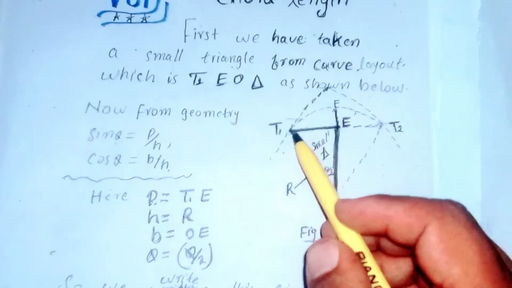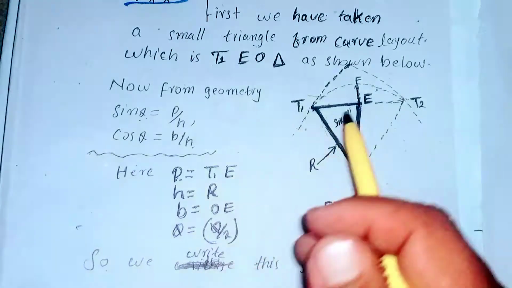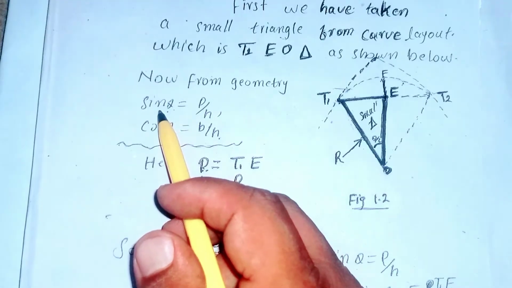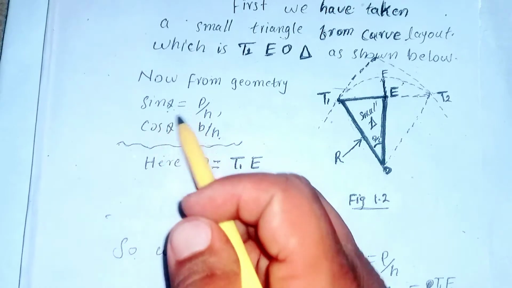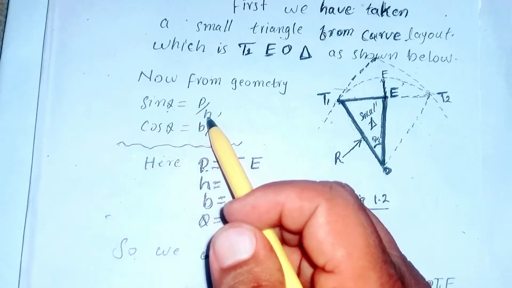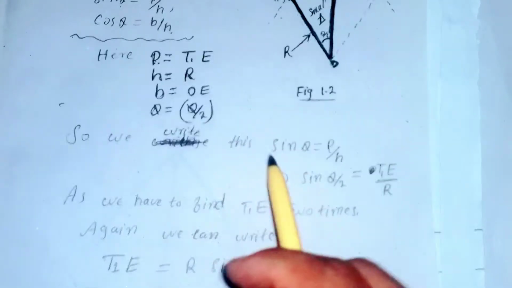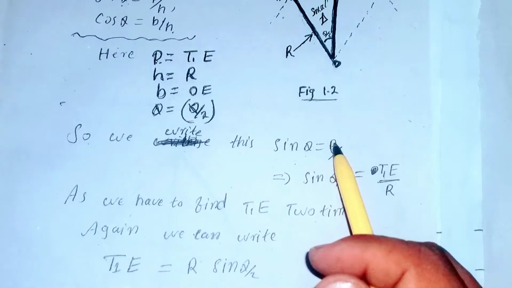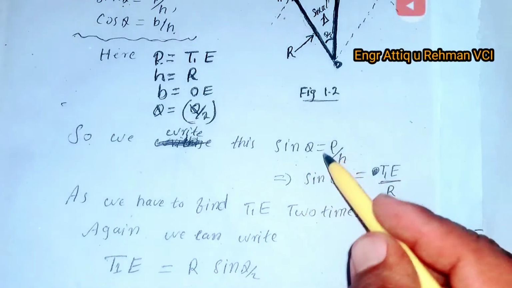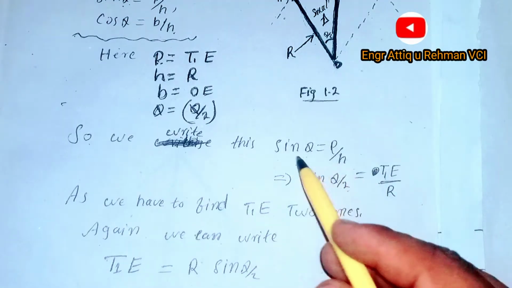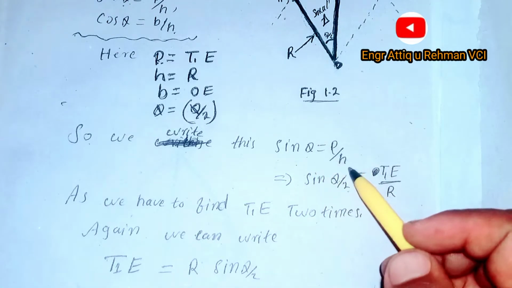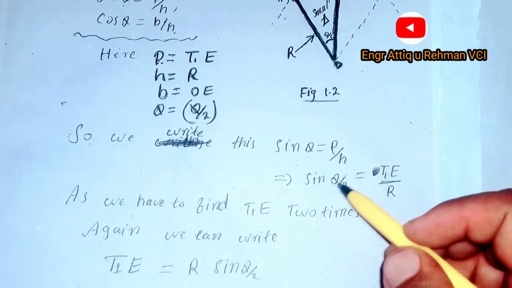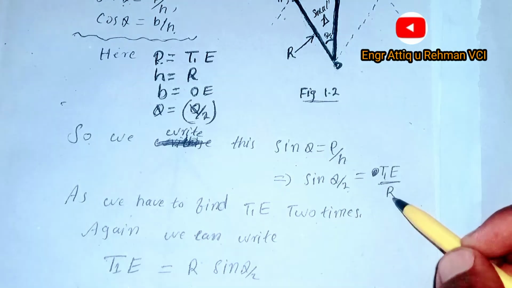I have told you that we are going to find the total chord length. For this triangle, we first take sin theta, which is equal to perpendicular divided by hypotenuse. Putting in the values, sin of theta divided by 2 is equal to T1E divided by r.